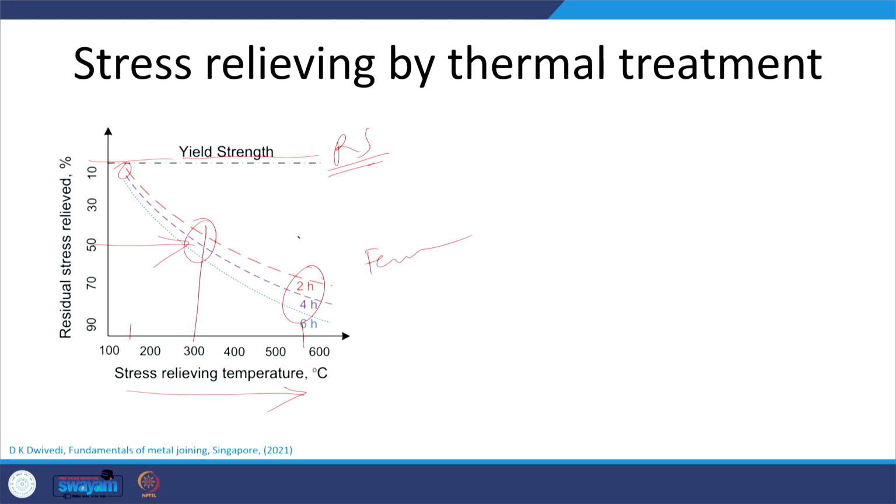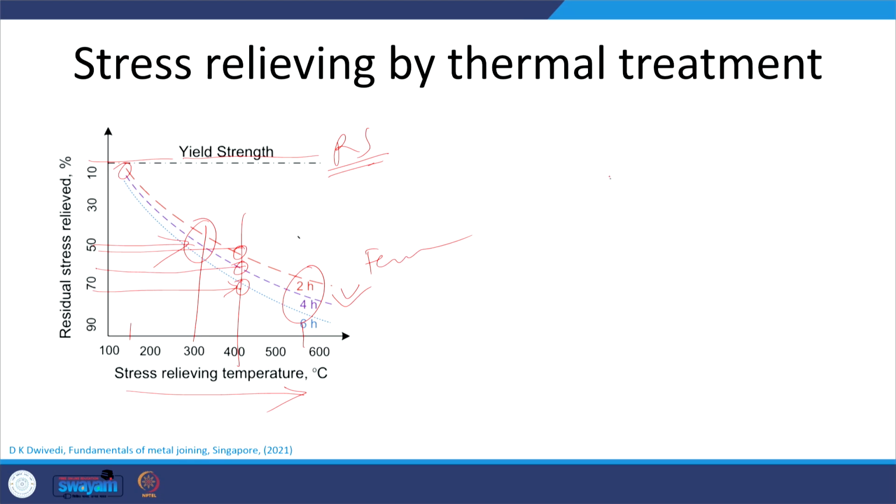Further, if we heat it for a longer time, then there will be greater reduction in the yield strength for any given temperature. So, for 2 hours there is, say, a 50% drop at this temperature, and if we heat it for 4 hours, then even lower residual stresses will be obtained, and there will be further stress relieving if we heat it for a longer time.